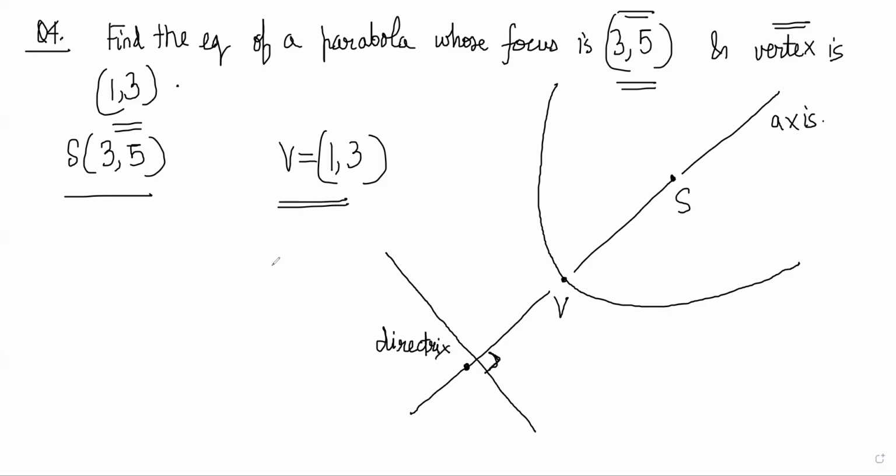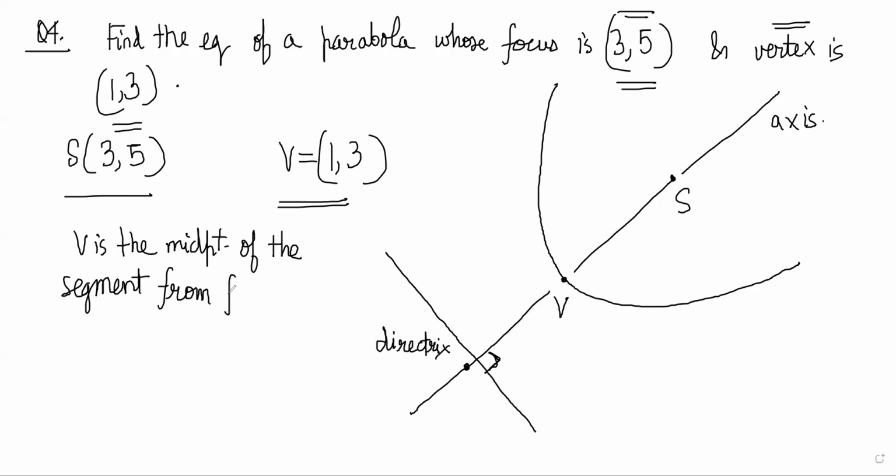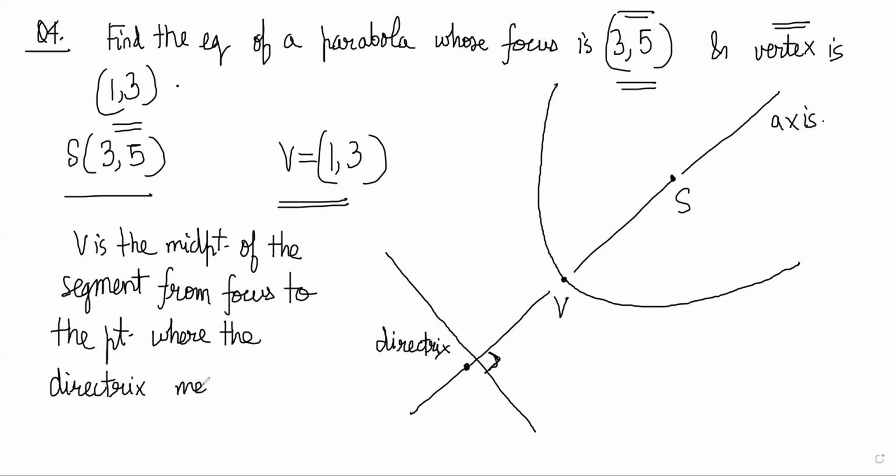And one more fact that we know is that the vertex is the midpoint of the segment from focus to the point where the directrix meets the axis. This is obvious.